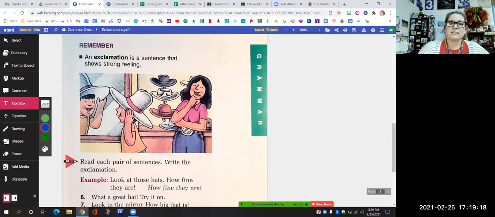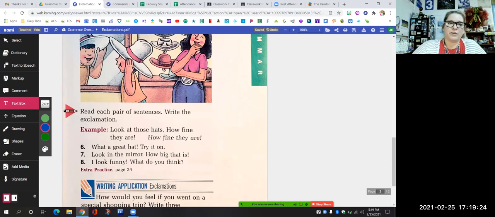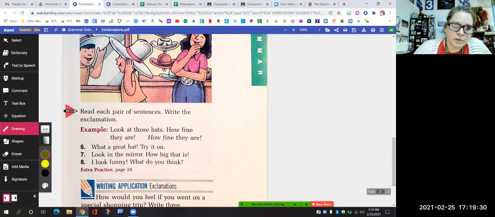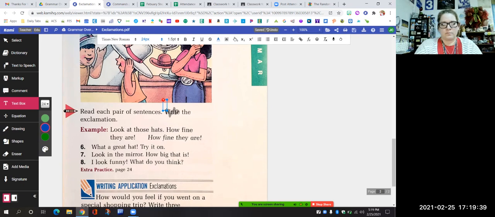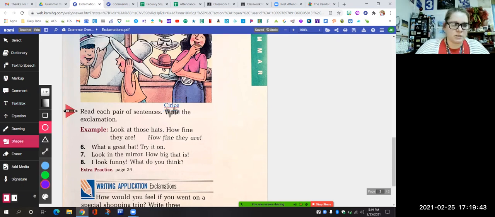So remember that an exclamation is a sentence that shows strong feeling. You're going to do the same thing here. You're going to read each pair of sentences and then tell me if it is an exclamation. You're not going to write it, though. You're going to circle it. So you're just going to circle the exclamation.